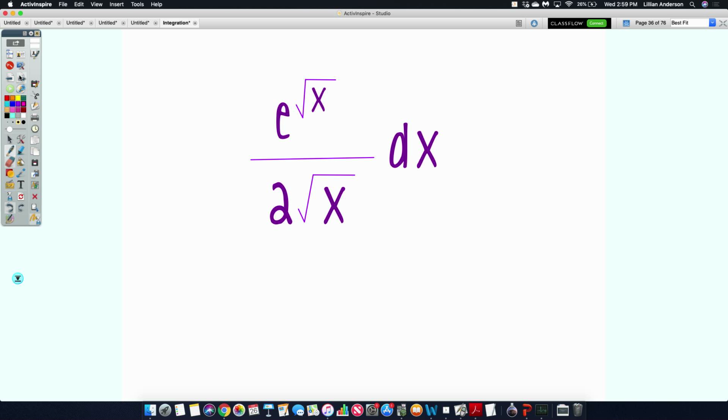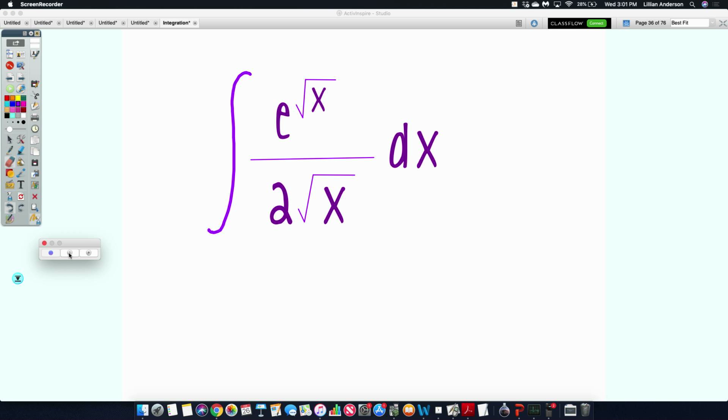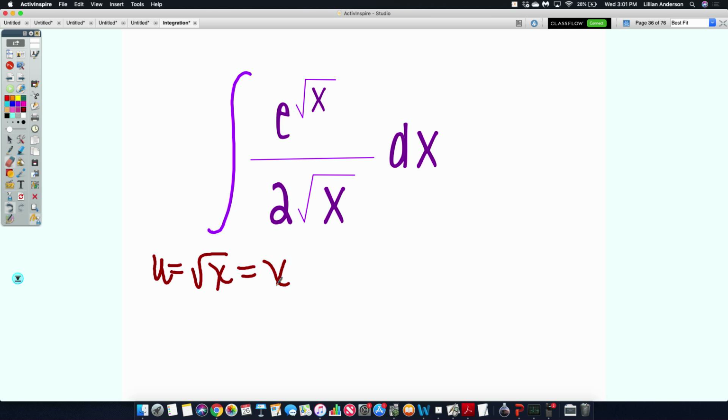Let's do this one. What do I make u? Just the square root of x. Because what's the derivative of square root of x, or sorry, x to the 1/2?